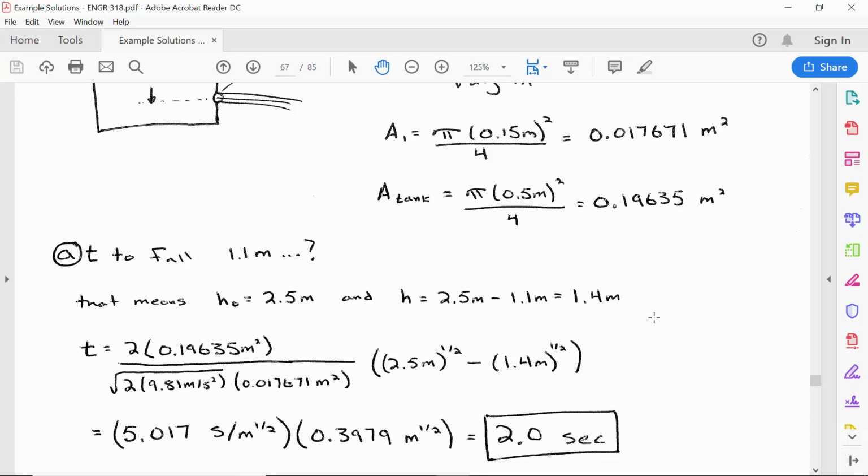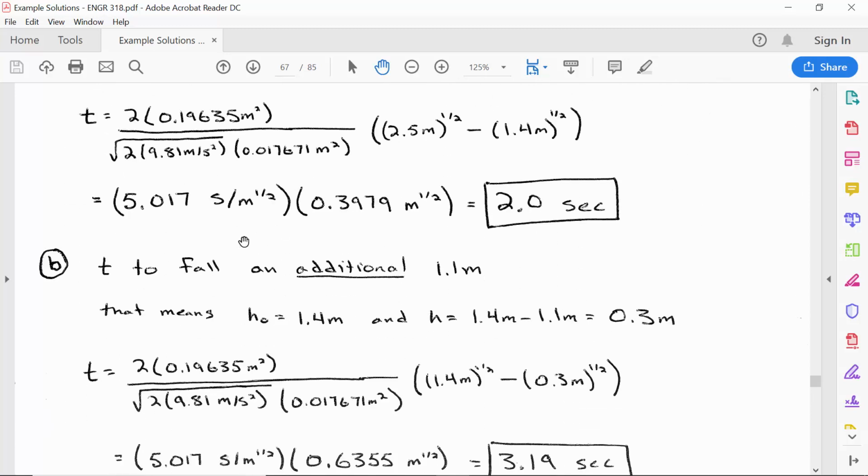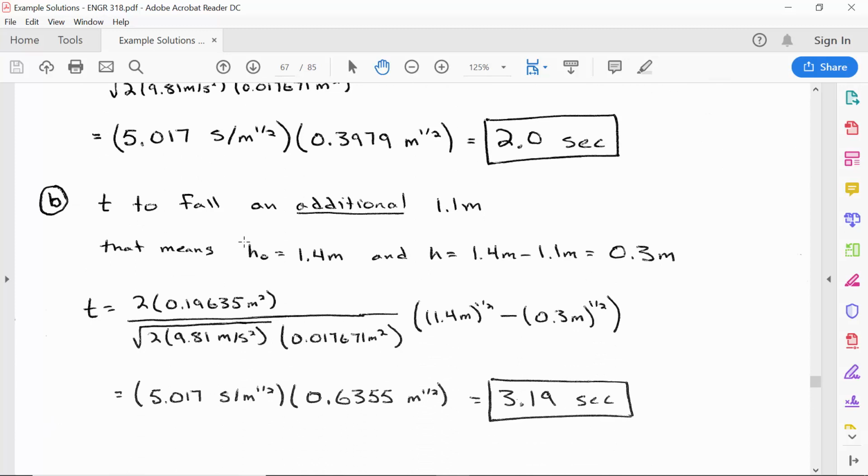To fall the next 1.1 meters, there's going to be less pressure pushing the water out of the tank. And you've seen this, that when the liquid level gets low, the bathtub doesn't drain as fast. Or if you put a hole in a garbage can full of water, as the liquid level gets lower, the flow rate out decreases. And so that next 1.1 meters, it means that it's going from 1.4 meters down to 0.3.